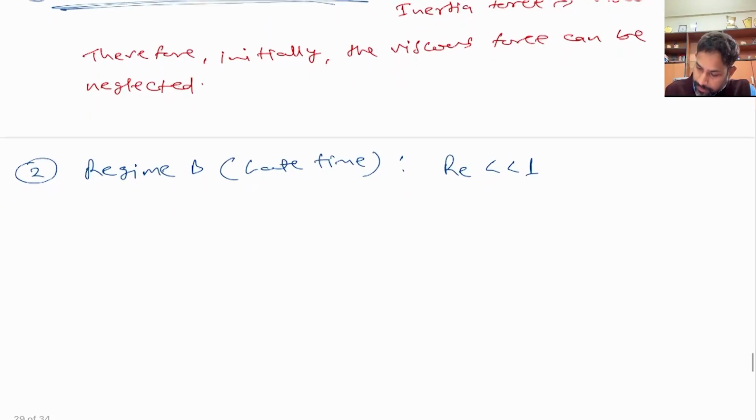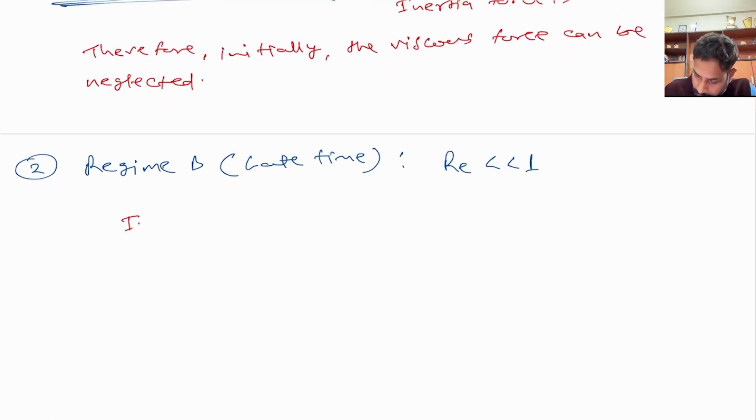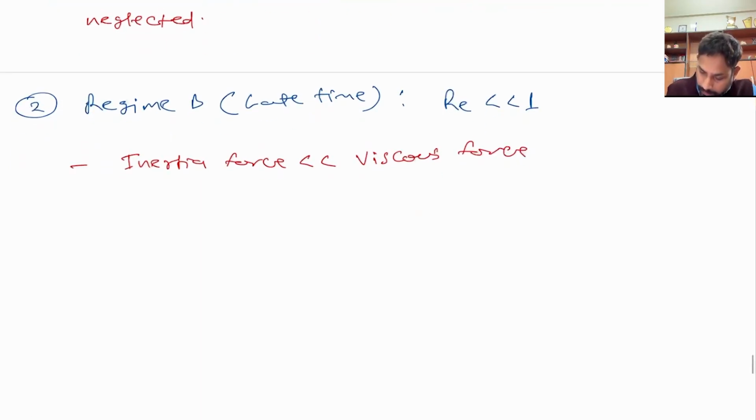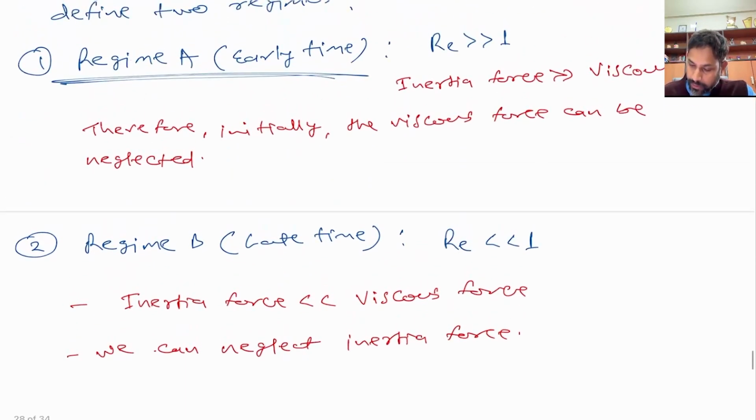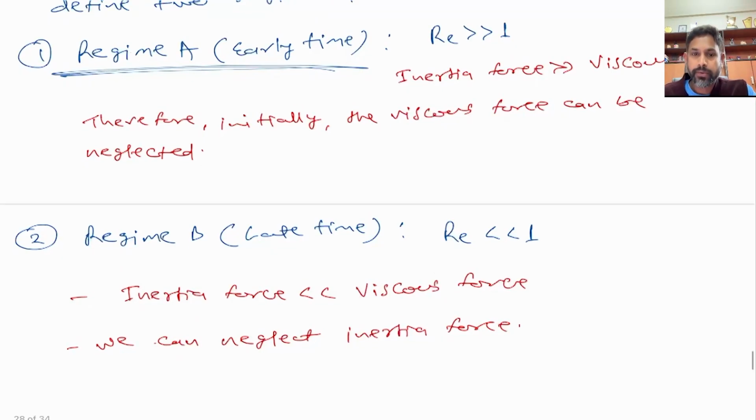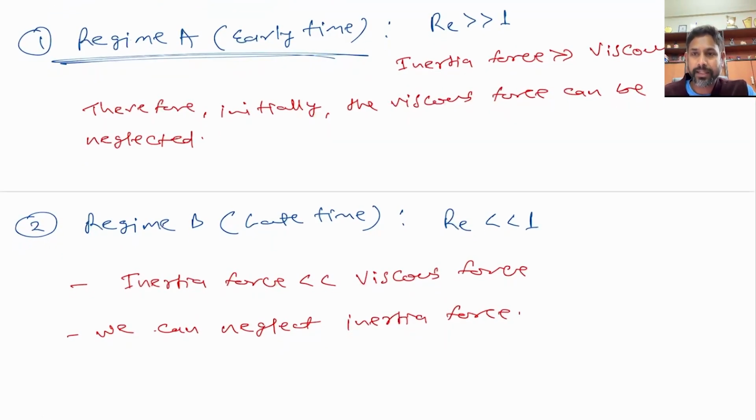In that case, now the inertia force is much smaller than the viscous force, and therefore we can neglect the inertia force. Okay, in regime 2, in case 2. All right, so now we can see in regime 1 we are neglecting viscous force, whereas in regime 2 we are neglecting inertia force.